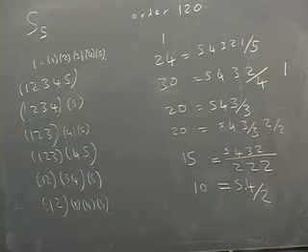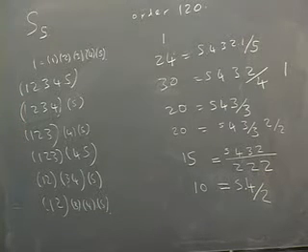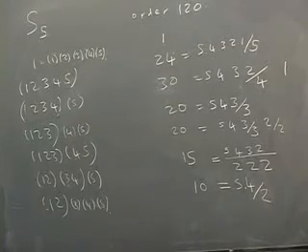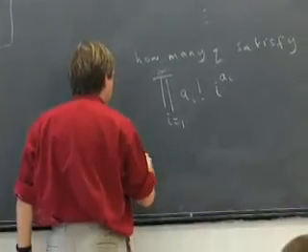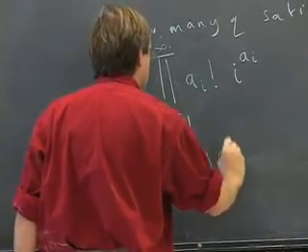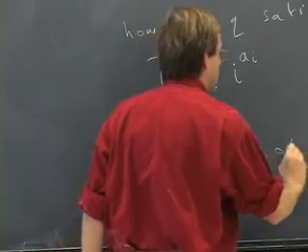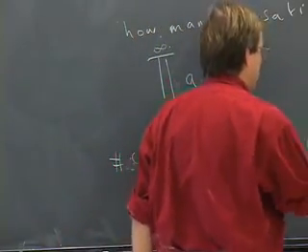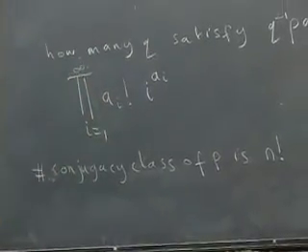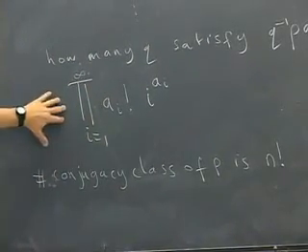So in fact, the formula is, in S_n, the order of the conjugacy class of p is just n factorial divided by this thing, if p has cycles of these shapes. I don't really expect you to remember this formula. It's just, seeing as you persuaded me to do this calculation, I might as well write it down.